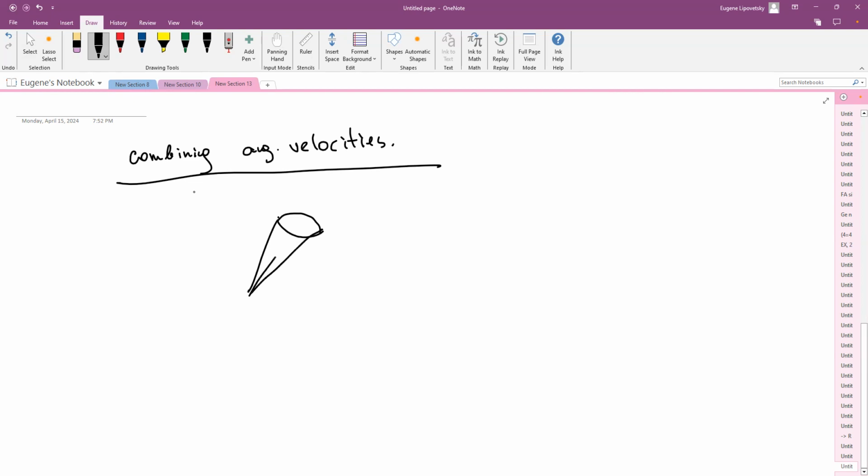That's an axis of rotation. And we have another axis right here. Let's call this axis N1. This is N0.